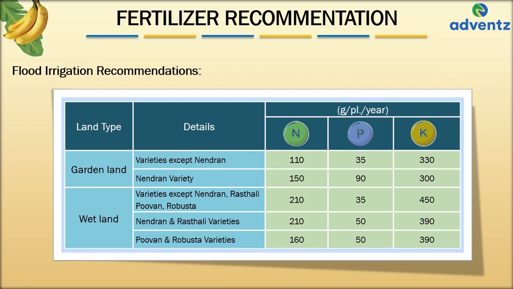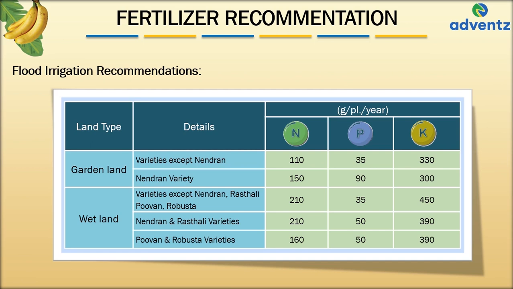The varieties Nendran and Rasthali growing on wetland, their requirement is 210 grams of nitrogen per plant per year, 50 grams of phosphorus per plant and 390 grams of potassium per plant.